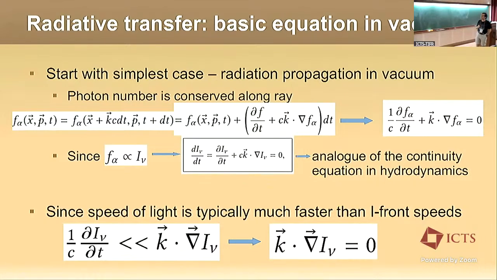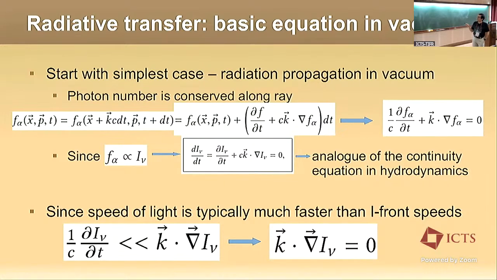So that's what describes the transfer of radiation in vacuum. And once again, the distribution function is not constant, but what is constant is this combination, so the flux through the surface and the change in the density with time. When you add them up, you get zero.